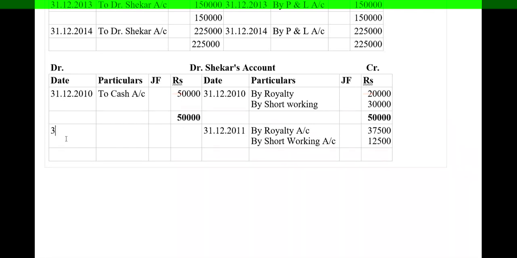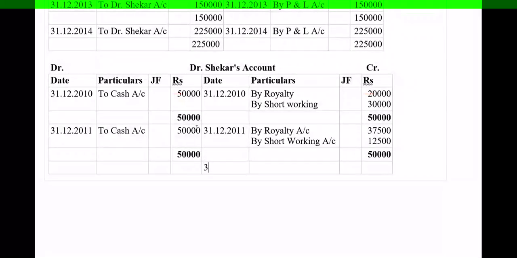This is paid at the end of the second year, on 31st/12/2011, when cash is paid to Shekhar. Then it will be Dr. Shekhar's account debit to cash account. So amount paid is rupees 50,000. Let's take the total here. I have written 5,000, let me correct that. So 50,000. Here also 50,000.